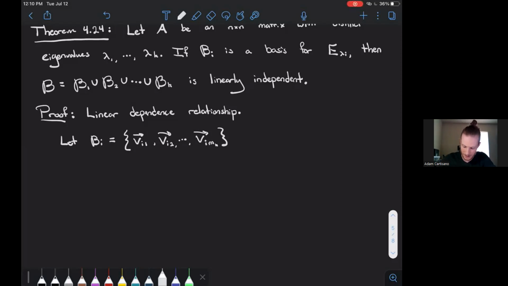Okay, so this is a basis. Let B_i be the basis for E lambda i. So lambda i is one of the k eigenvalues of A. All right.